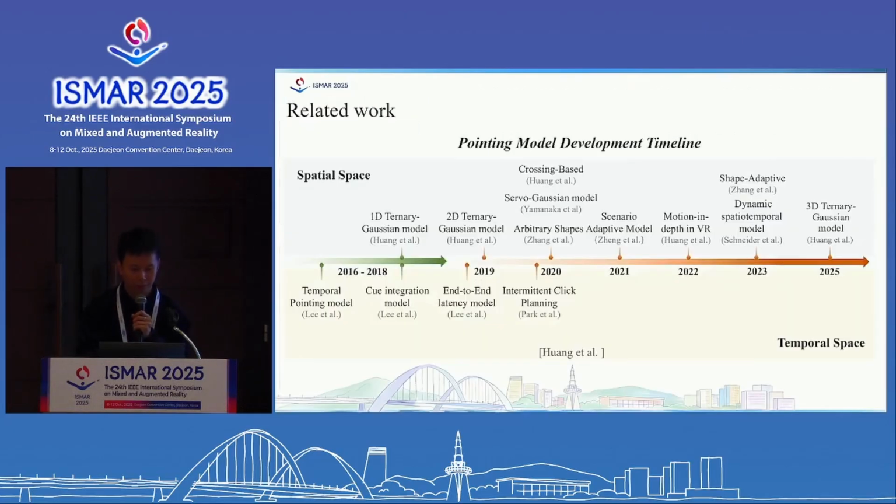We believe that to make the prediction model more accurate, we must include the effects of depth factors like the VAC. To solve the problem of pointing uncertainty, a lot of past research has tried to model and predict where the user's hand will land. While 3D pointing models have advanced, we identify three unsolved problems. First, they are still not accurate enough when predicting depth along the z-axis.